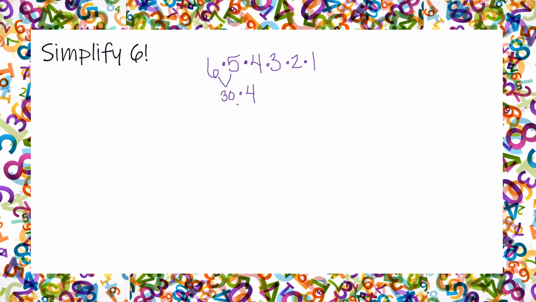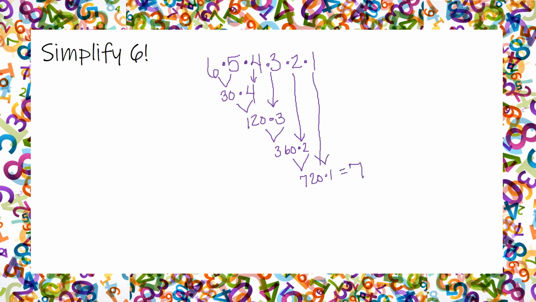Times 4, I get 120. Times 3, I'm just bringing them down one at a time, I get 360. Times 2, I get 720. Times 1, I do get 720. So 6 factorial is 720.